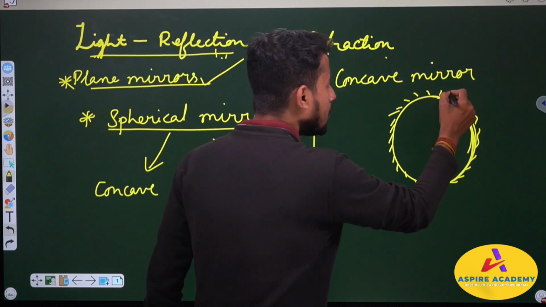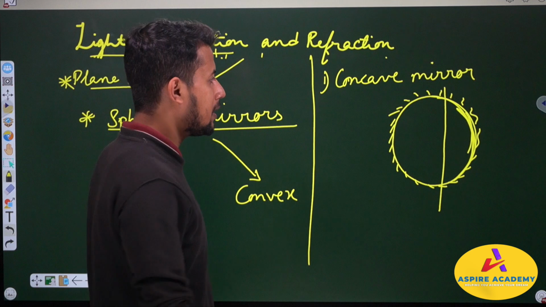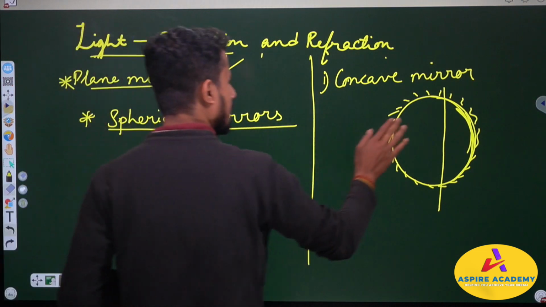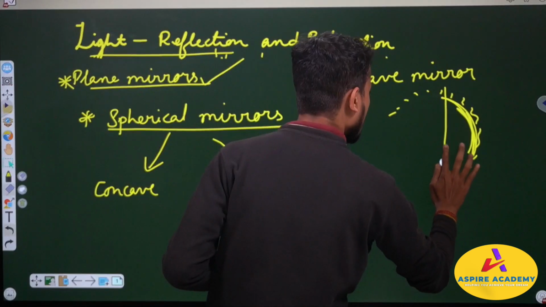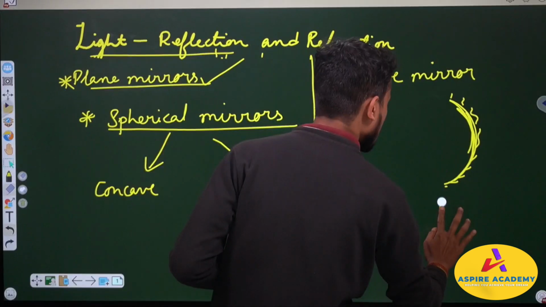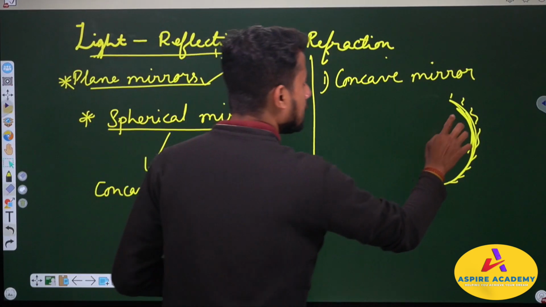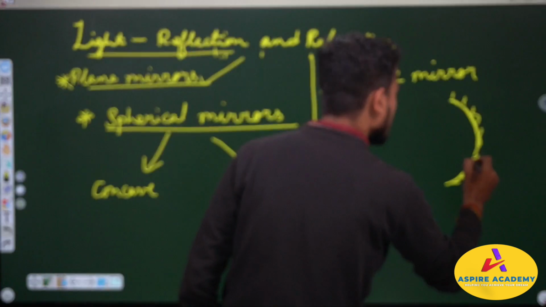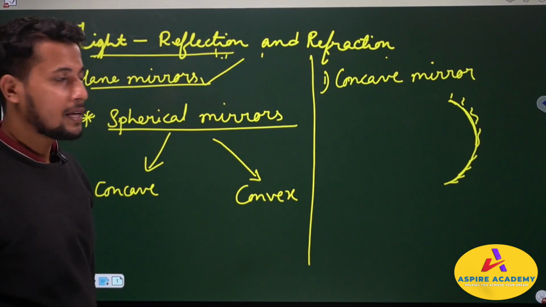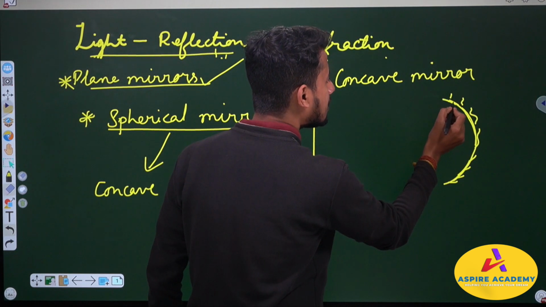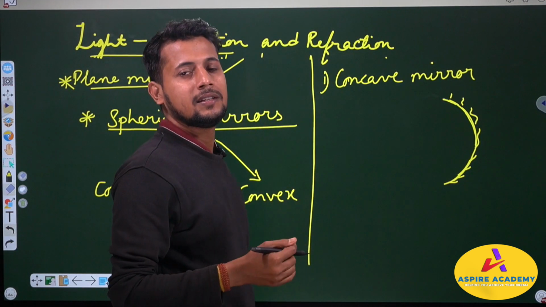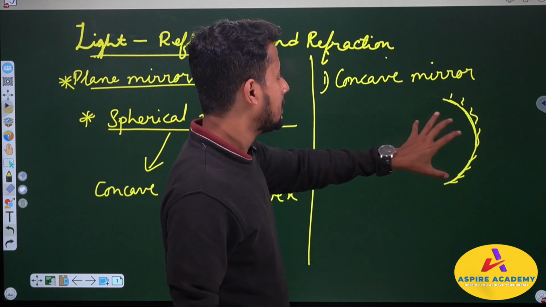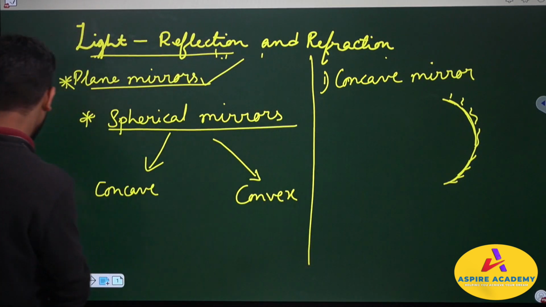So what you do, you cut this part and take it out. If you cut this part and take it out, you will have a reflecting surface that is inside, inward reflecting surface. Now this kind of a mirror which has its reflecting surface curved inside is called a concave mirror.